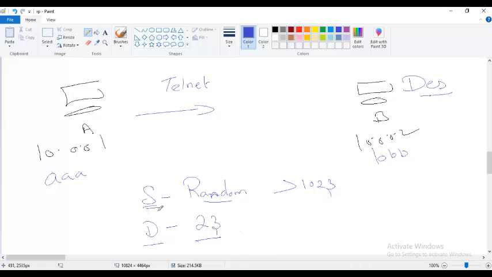But the source port number is not a reserved one. Port numbers between 1 and 1023 are reserved. See, the source port number is a random number and it is above 1023. Why is it above 1023? Because up to 1023 it is already given for various services, like telnet 23.